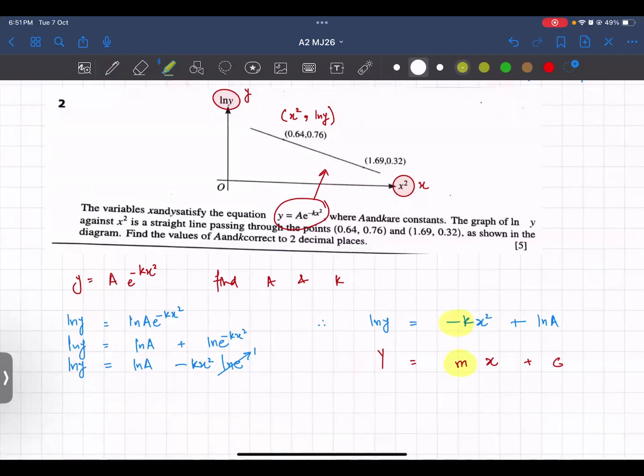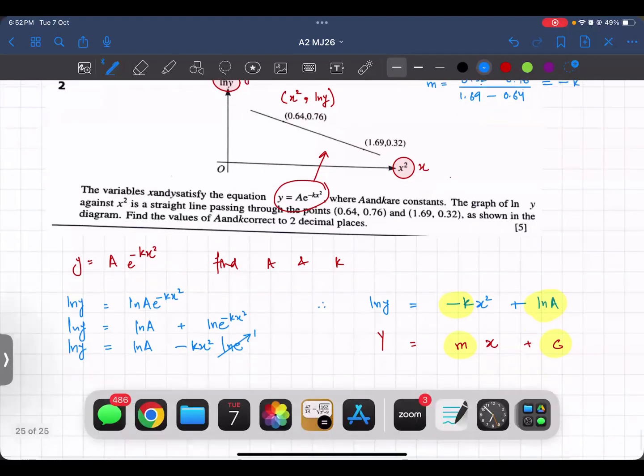So if you find the gradient of the 2 points that they have given you, that will be equal to minus k, and the y-intercept will be ln A. The gradient is y2 minus y1 upon x2 minus x1, and this will be equal to minus k, because after comparison that's what we've got.